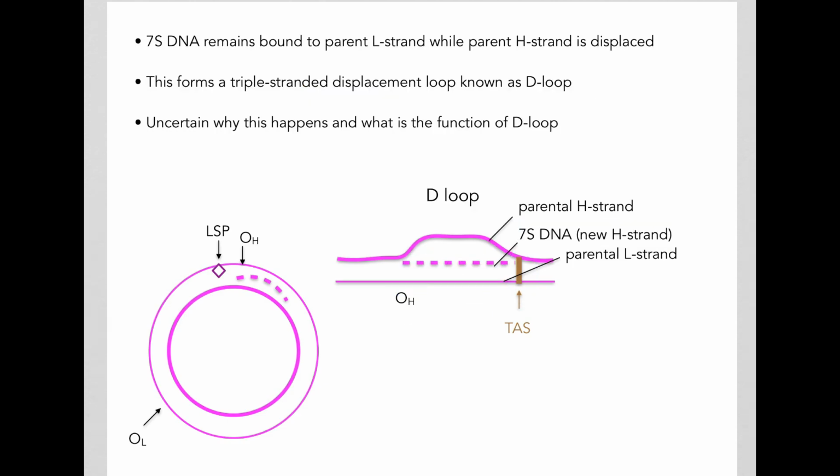So this 7S DNA is paired with the template, with the parental L strand, while the parental H strand is displaced. This forms what we call a triple-stranded displacement loop that we call the D loop.